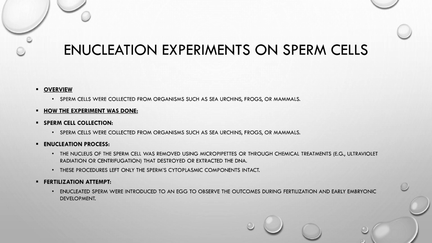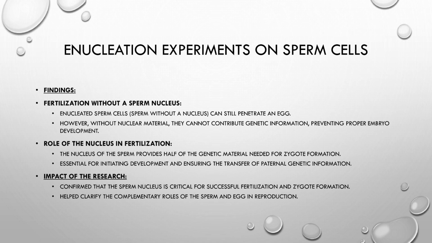In the fertilization attempt, enucleated sperms were introduced to an egg to observe the outcomes during fertilization and the early embryonic period. The finding was that, even without a sperm nucleus, enucleated sperm cells can still penetrate an egg. However, without nuclear material, they cannot contribute genetic information and prevented proper embryo development.